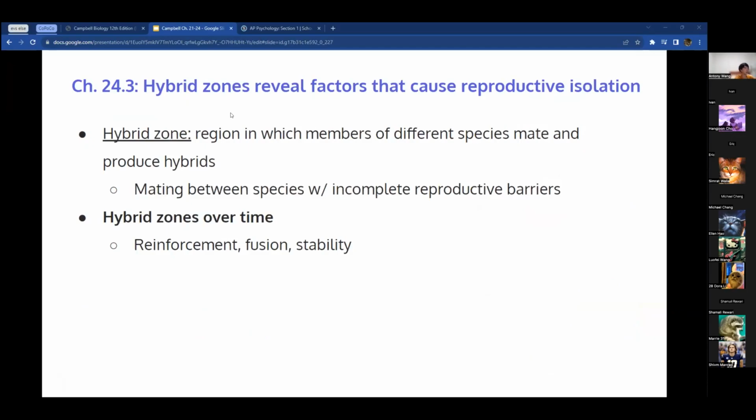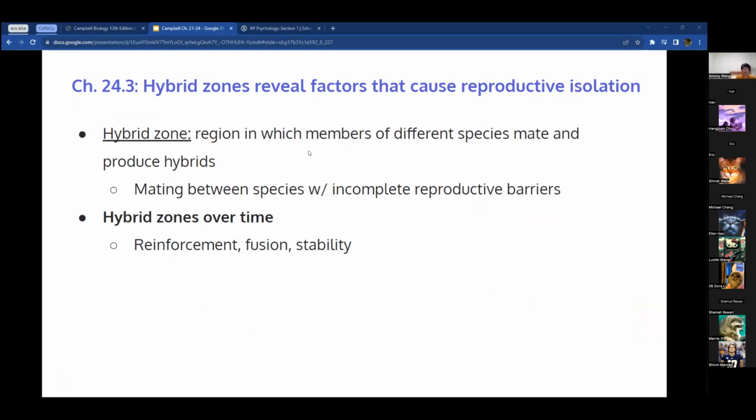Hybrid zones reveal factors that cause reproductive isolation. Hybrid zone, region in which members of different species mate and produce hybrids. Mating between species with incomplete reproductive barriers. Hybrid zones over time can undergo one of three things: reinforcement, fusion, or stability. So a hybrid zone is exactly what it sounds like.